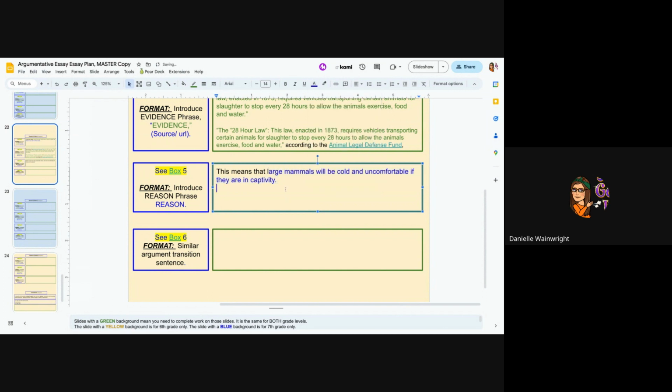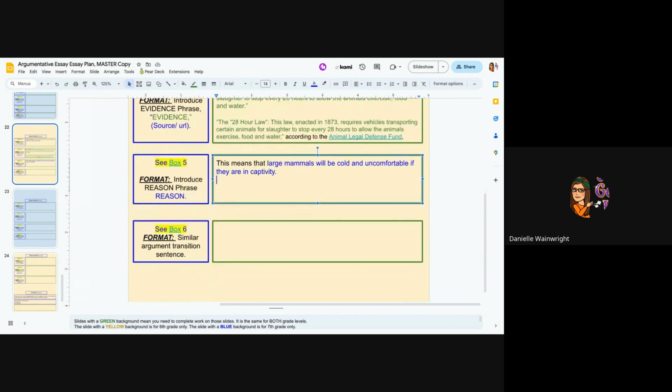Okay. All right. And then the last thing is, this is where the 6th and 7th graders differ just a little bit. Everything else has been the same for you guys in this video. But in this one, 6th graders, you are just writing 3 body paragraphs, each with a different reason. Whereas 7th graders, you're going to do something a little different. So 7th graders, you can maybe skip ahead 30 to 60 seconds right here.